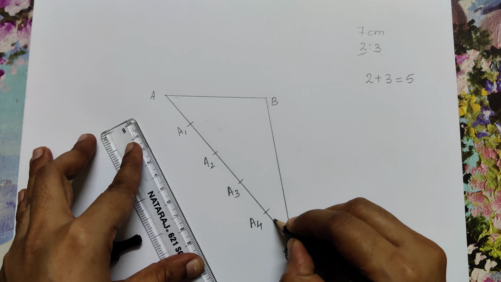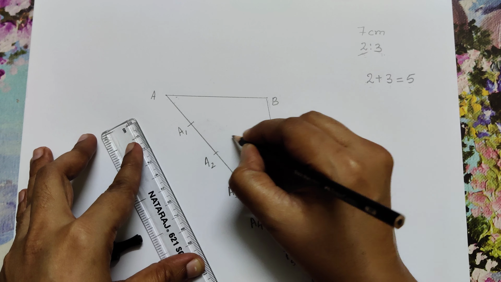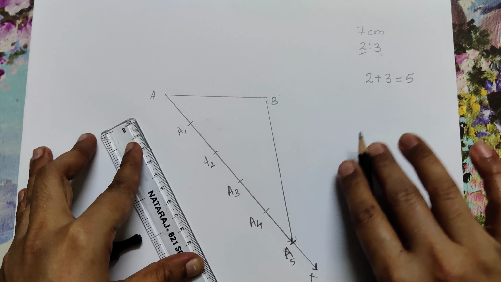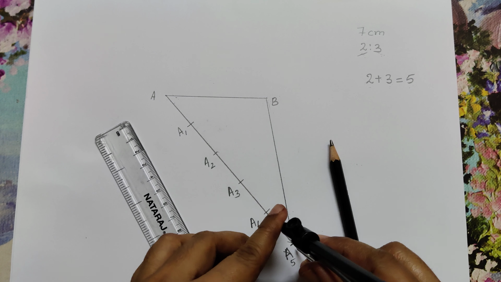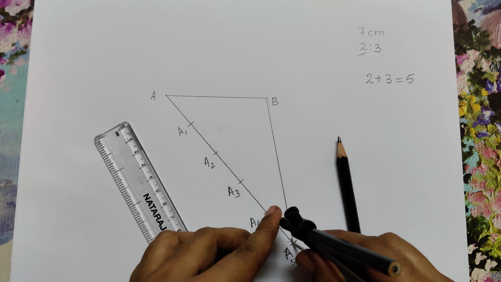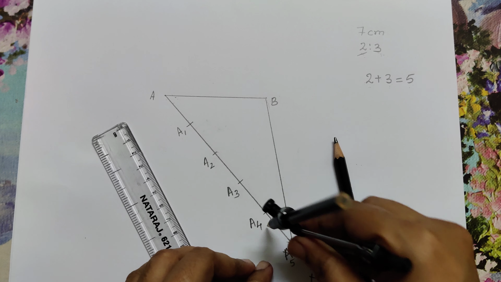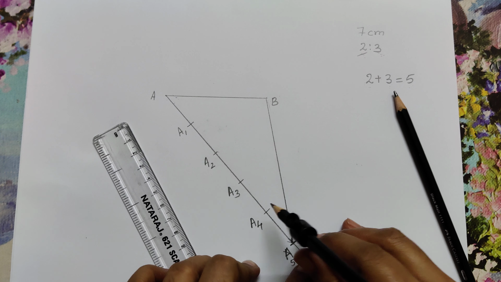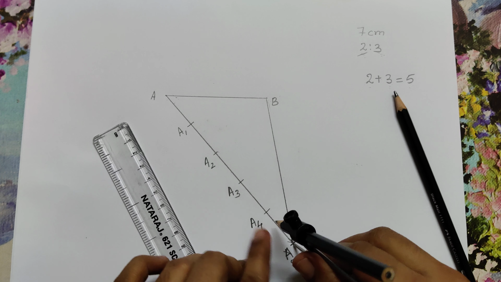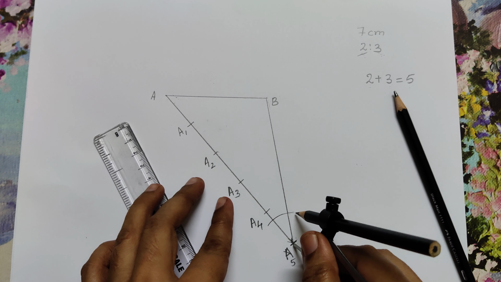So what you will do is make a copy of this angle at A2 and draw a line segment. Now to make a copy of an angle, you have done it in 6th standard, but I will just tell you once again. With this angle you are going to copy. At A5, with any measurement on the compass, you have to draw an arc.